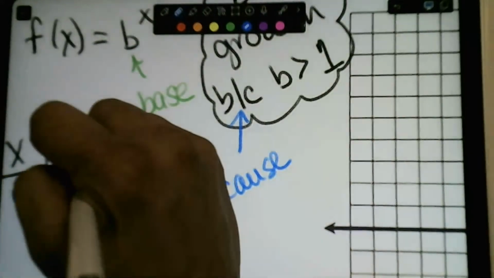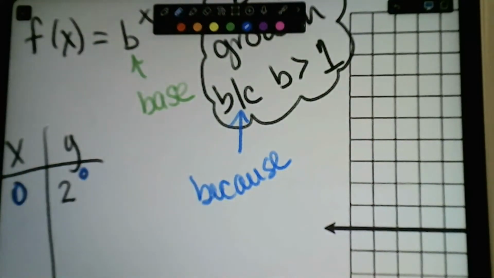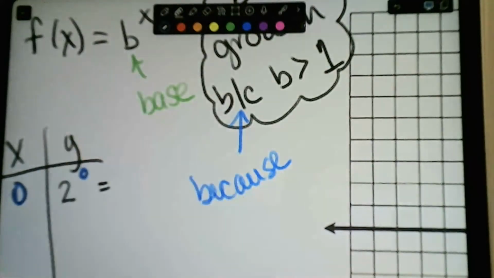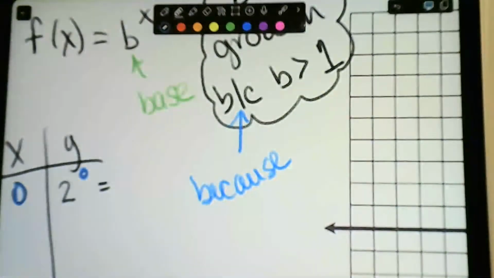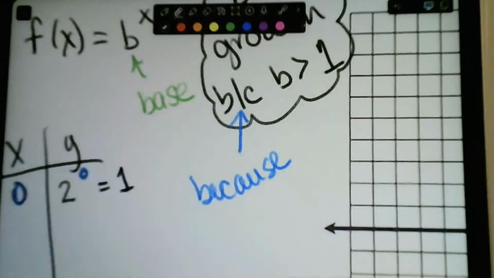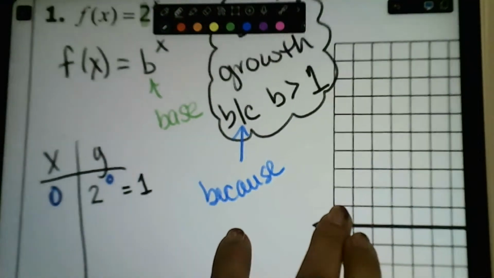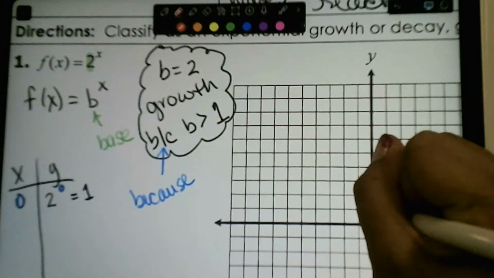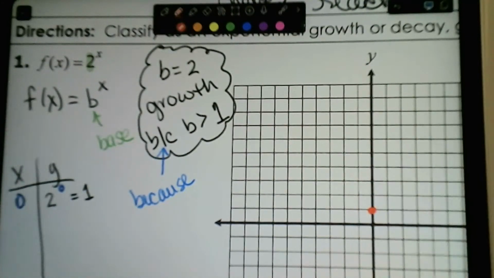Because my x value is 0, my exponent is 0. Thinking back to our rules of exponents, anything to the 0 power is 1. Very good. So when x is 0, y is 1.